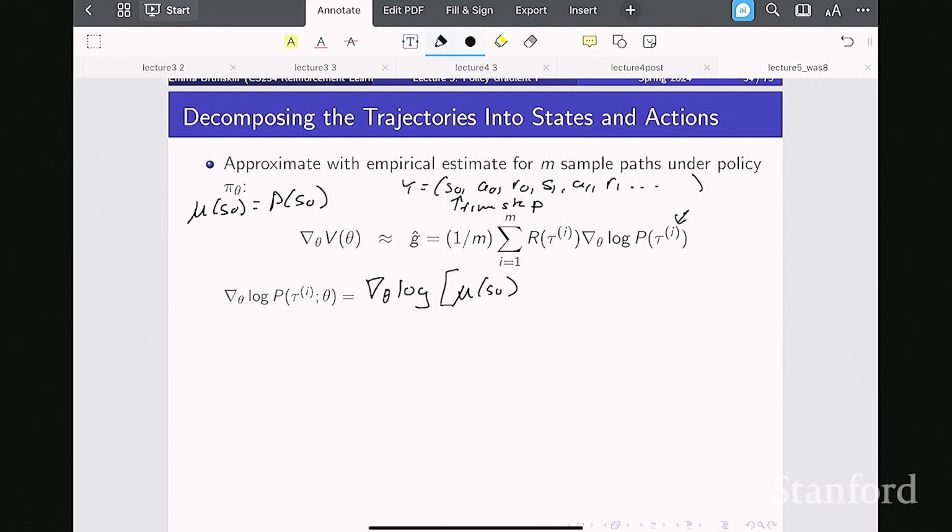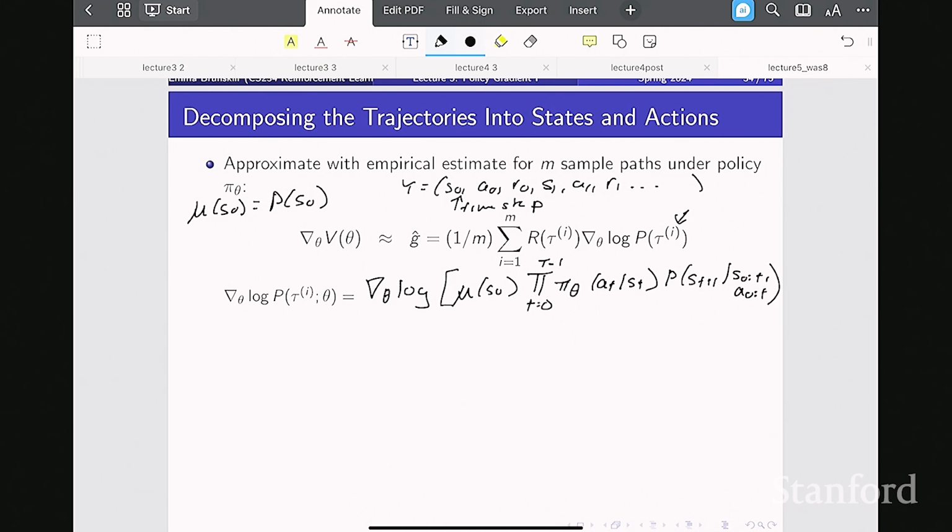Then we're going to have the product for t equals 0 to T minus 1 of our policy, which says: what is the probability that I pick the action I picked given the current state I'm in, times the probability of s t plus 1 given s 0 to t, a 0 to t.